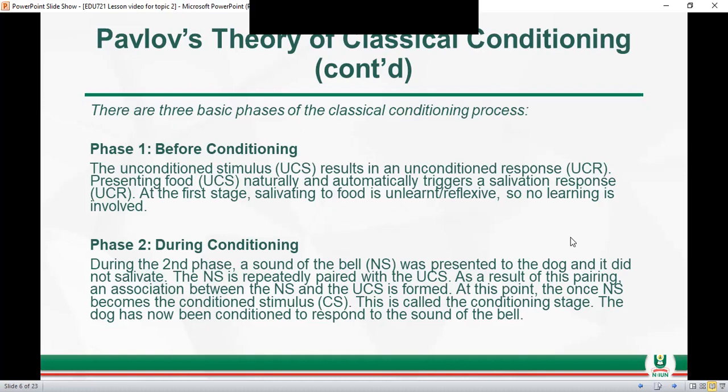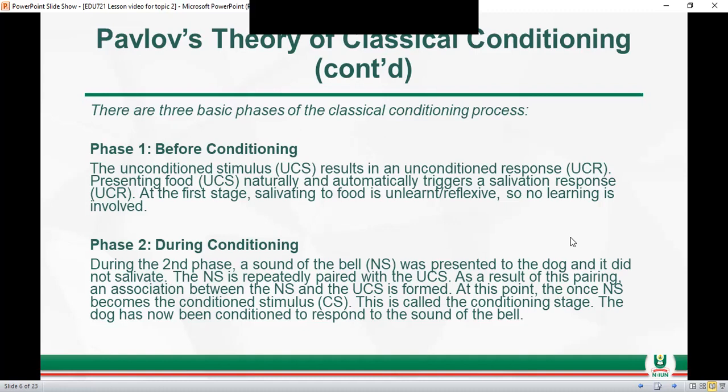In the first phase, the food is the unconditioned stimulus, that is UCS. I wouldn't want us to waste time calling out the names and then the abbreviations. Please go to the second slide after the learning objectives and get used to them. In that way, you will understand the subsequent slides.